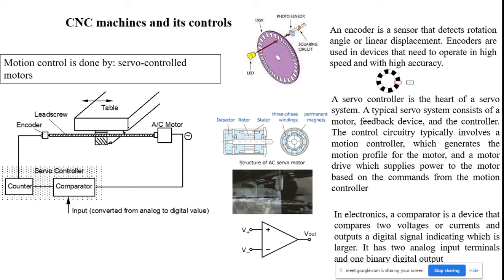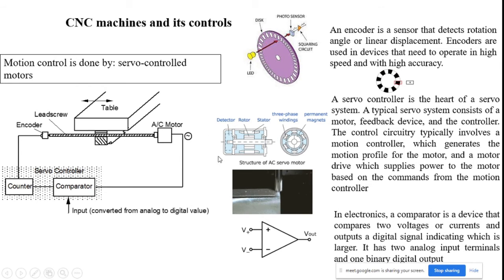The control circuit typically involves a motion controller which generates the motion profile for the motor, and a motor drive which supplies power to the motor based on the commands from the motion controller. So the controller circuit operates the motor drive which gives the power supply to the motor.